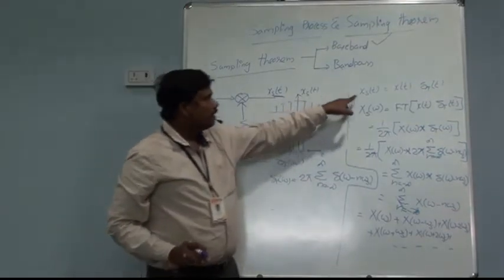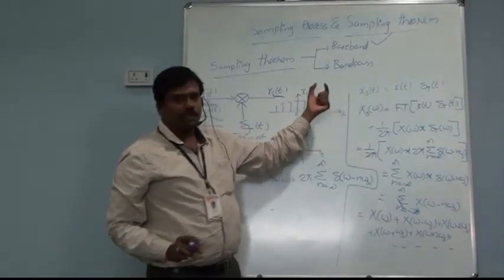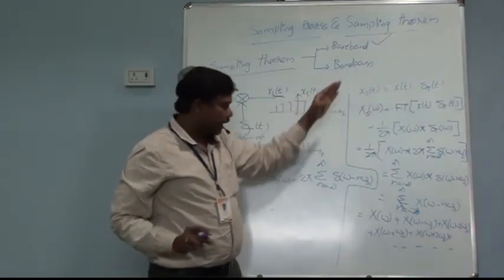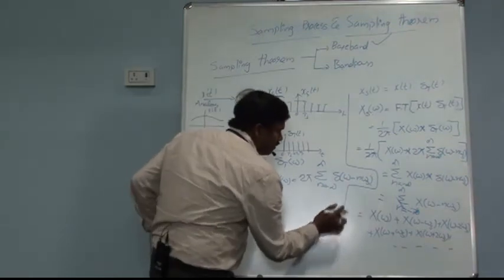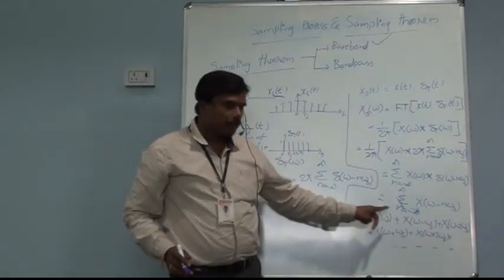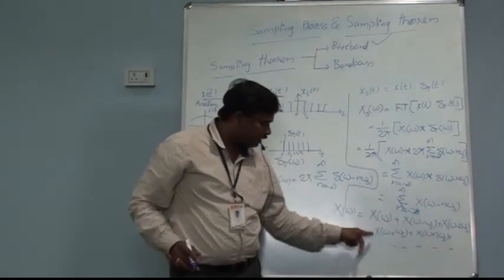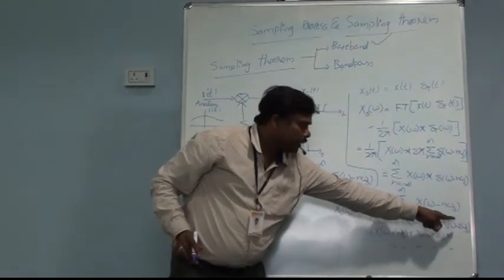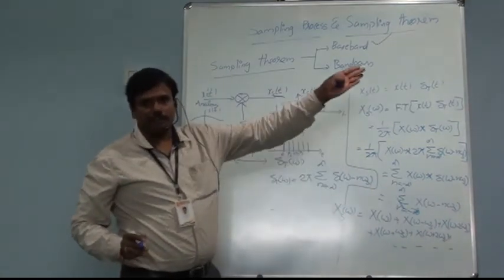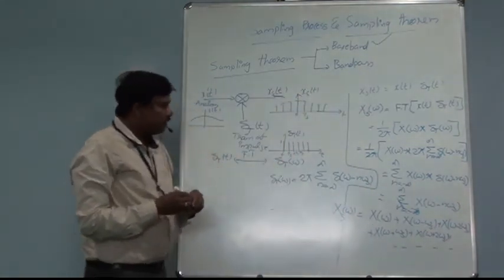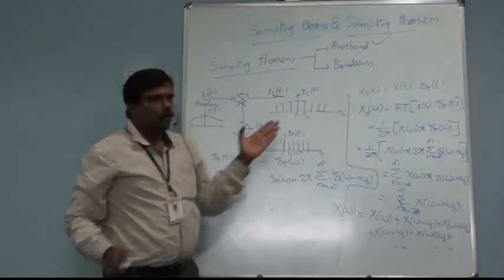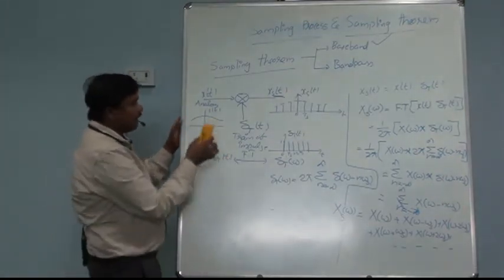Here Xs of t is the time domain representation of x of t into delta T of t, and the same information in the frequency domain, that is Xs of omega, we are getting as X of omega plus X of omega minus omega s plus X of omega plus omega s, plus X of omega plus or minus 2 omega s. Like that you will get infinite components. Now this is the frequency domain representation and this is the time domain representation. Now we will see how we are going to reconstruct.